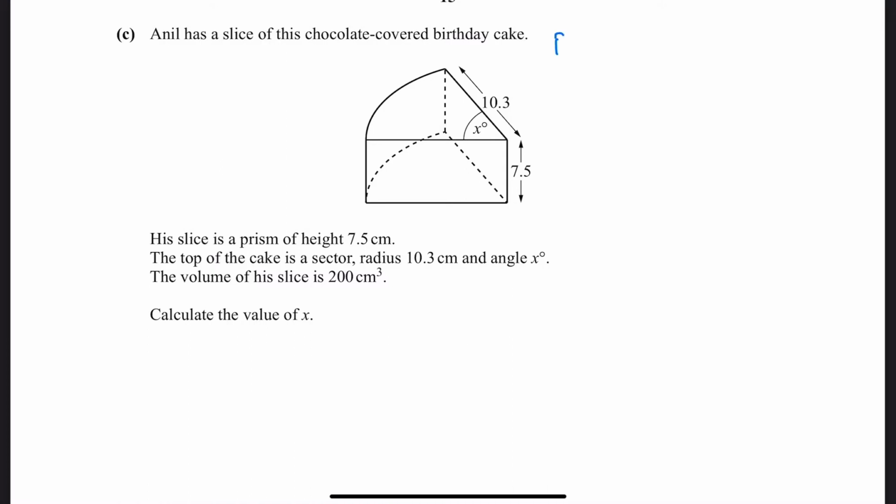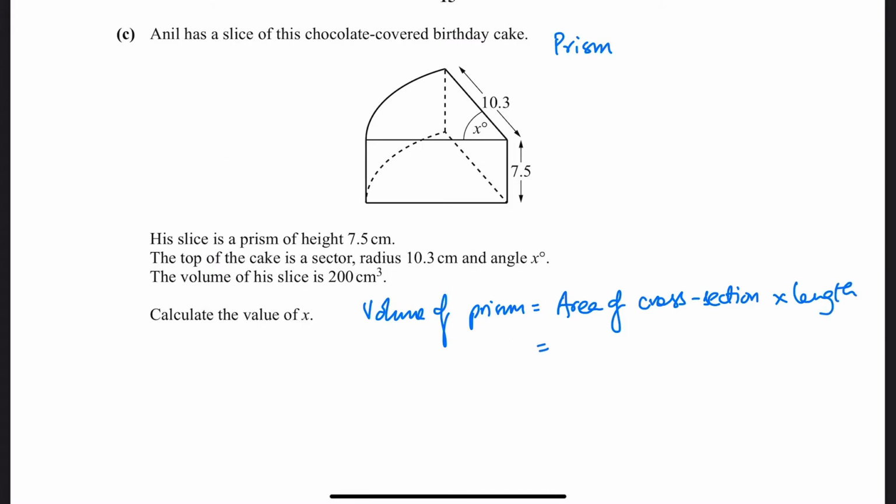So I can call this a prism with the cross section as a sector. So volume of prism is area of cross section into length. Area of cross section is x over 360 into pi r squared, and the length in this case is basically the height, which is 7.5.